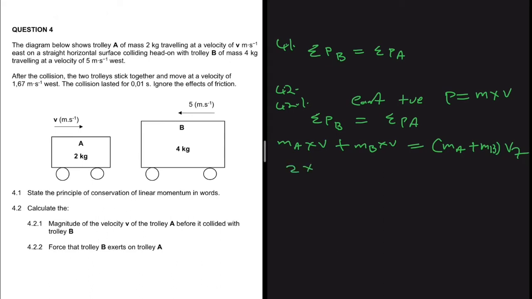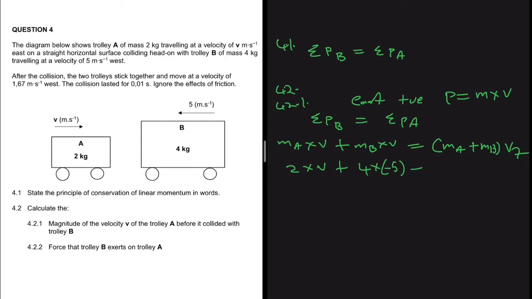And the velocity of trolley A before the collision? That's what we don't know and we're looking for, so we just have v, plus the mass of trolley B, which is 4 kg. And its velocity is 5 meters per second, to the west.